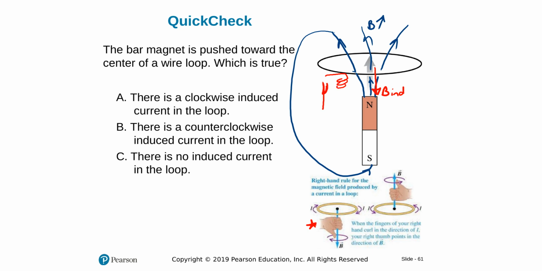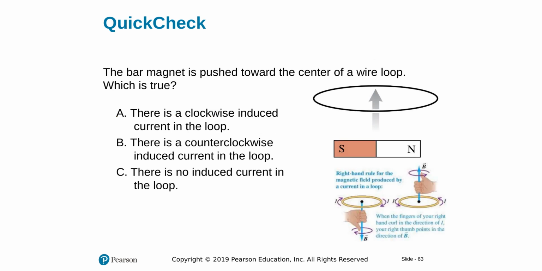So you'll have B induced down and I induced in that direction. I induced here, just like that. So we have, looking from the top, clockwise, right? So there will be a clockwise induced current.